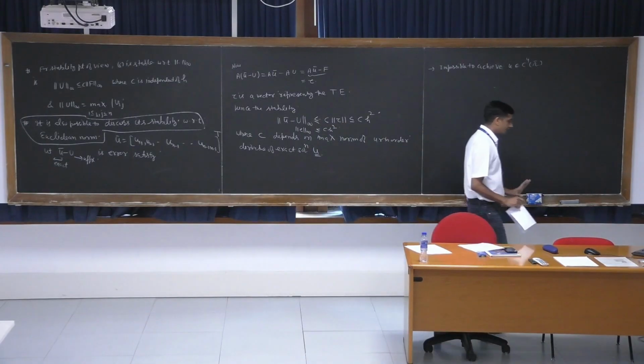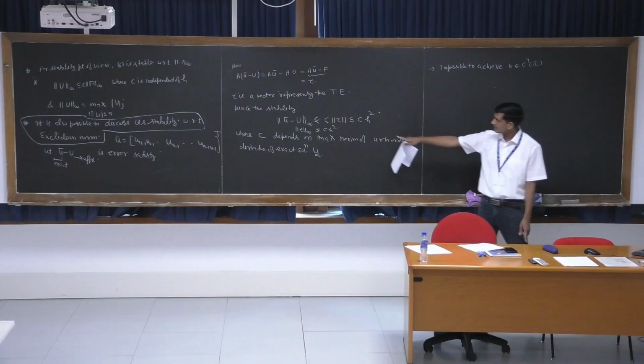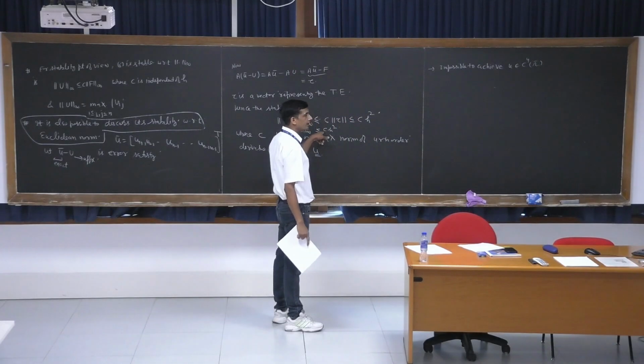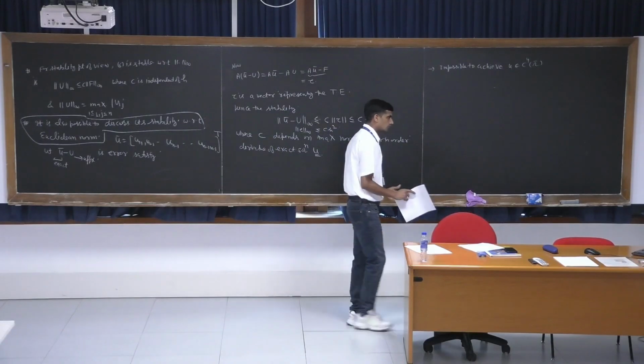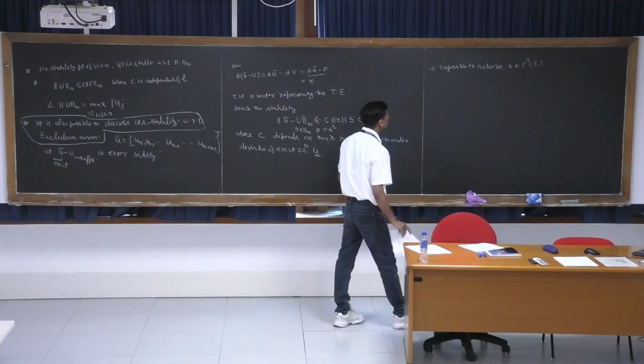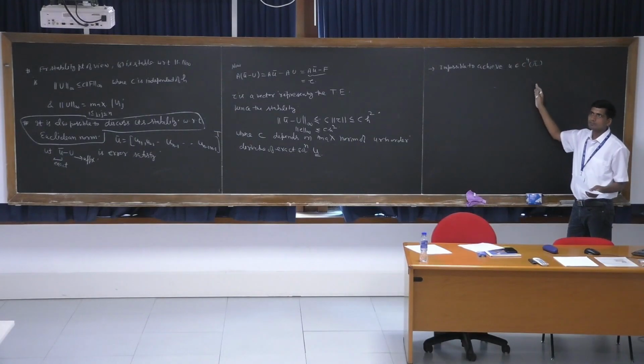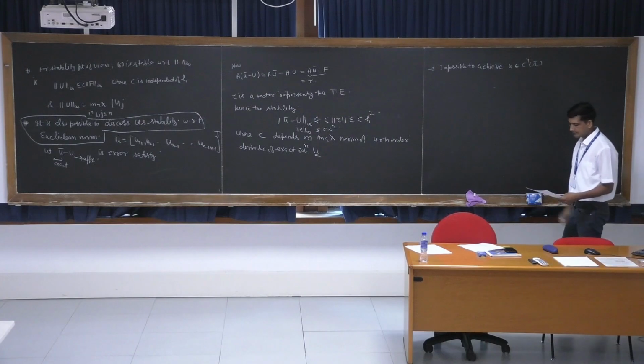When you go into the detail of the derivation of this stability estimate, you will see that C depends upon the modulus of the fourth order derivative. But it is not always possible for every problem, so that is a difficult task.